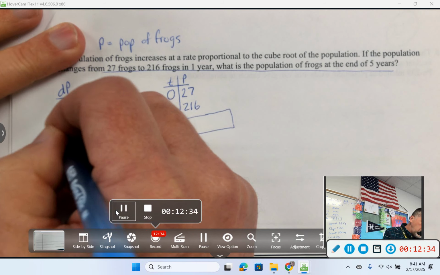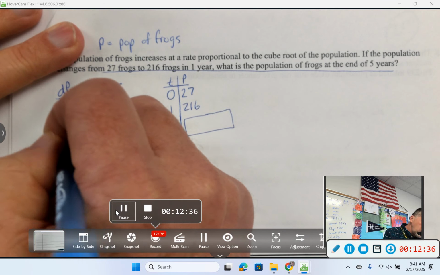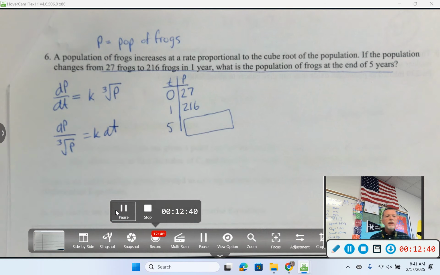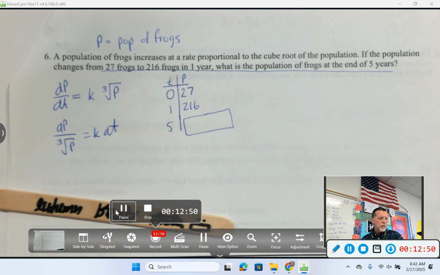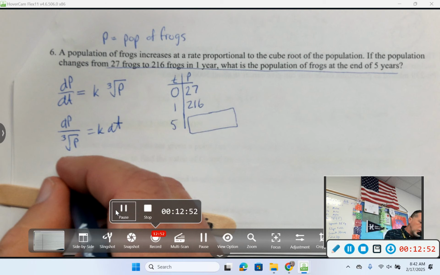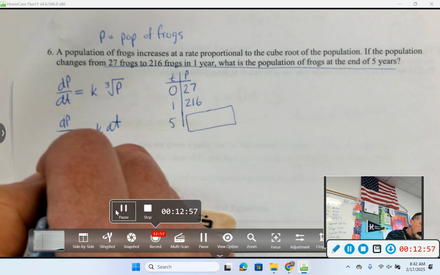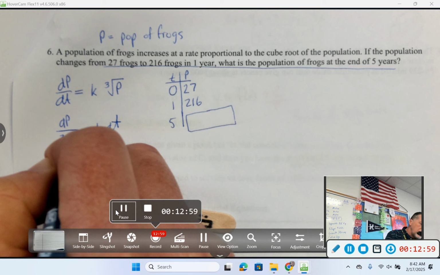So dP over cube root of P equals k dt. Except I don't really like cube roots when I want to integrate. So Autumn, what would be another way to write the cube root of P in the bottom? P to the 1/3.